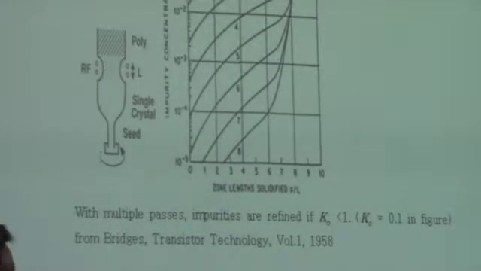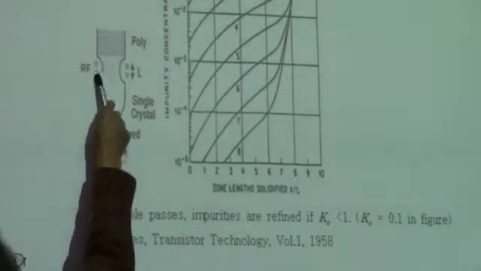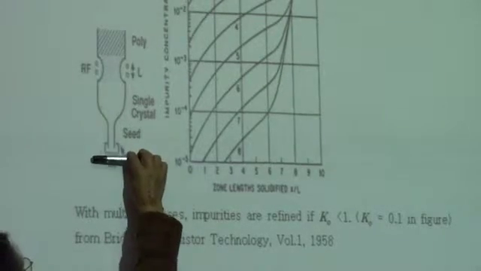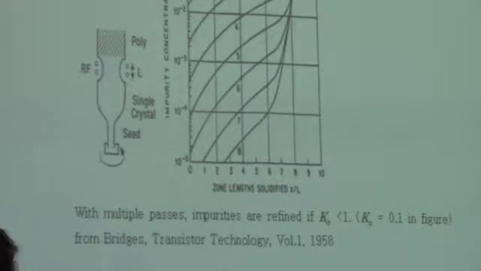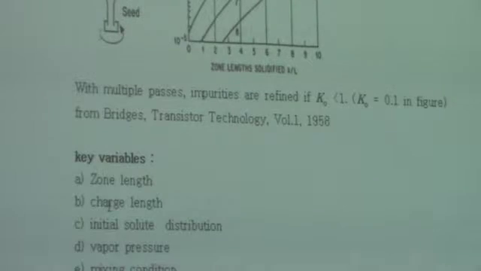That is a solid, and this molten zone is going to be scanned over from the bottom to the top of the polycrystal, and then melting and freezing subsequently happen.